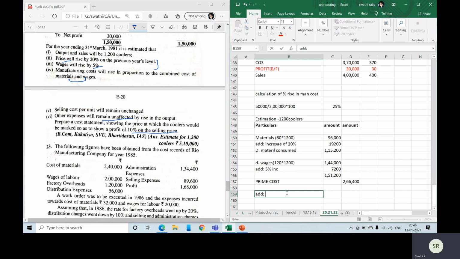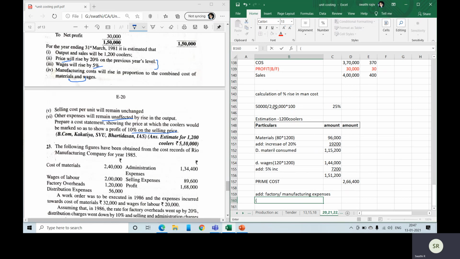Along with this, now I will add my factory or manufacturing expenses. And what is the calculation for that? It is going to be on prime cost.